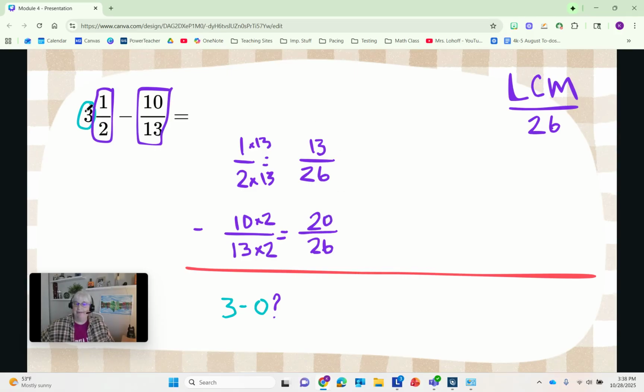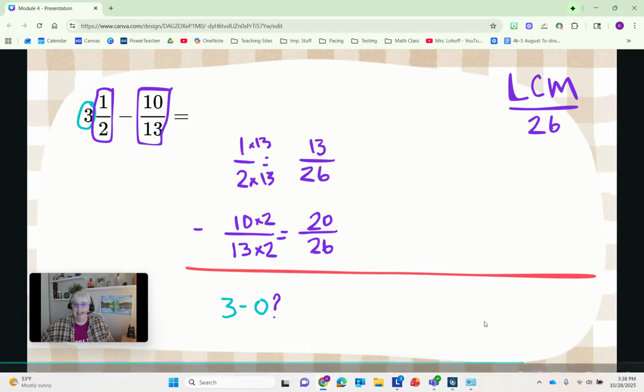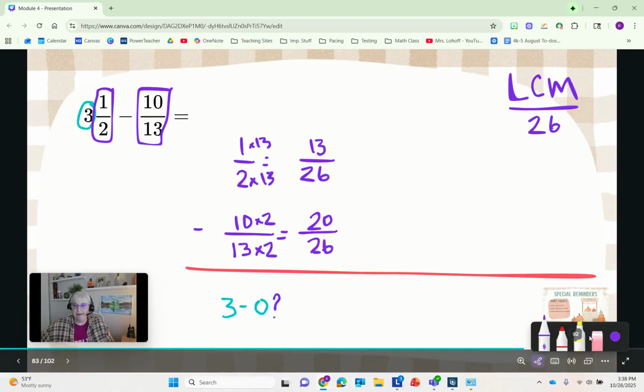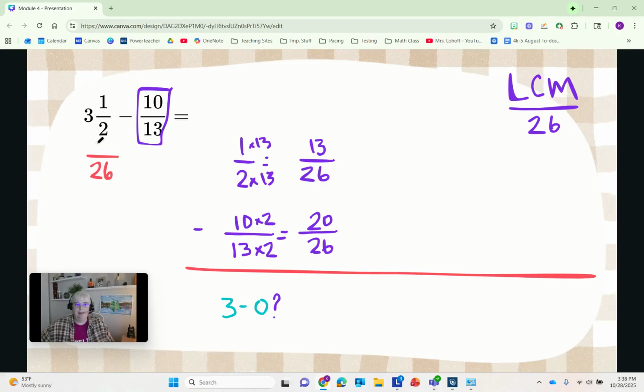So we're going to have to rename that first fraction. Instead of 3 1/2, let me rewrite it here. And I'll do this in red, if it lets me. Instead of 3 1/2, I'm going to make my fraction in 26. All right, so I'm going to make a whole group of 26, so that's like 1.